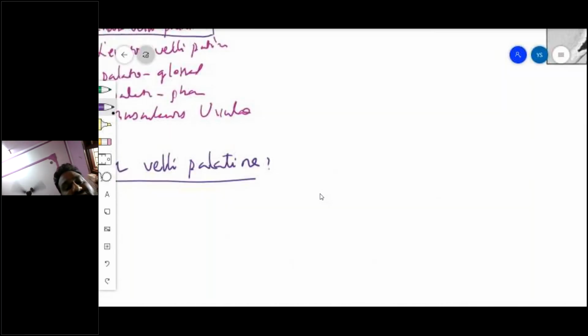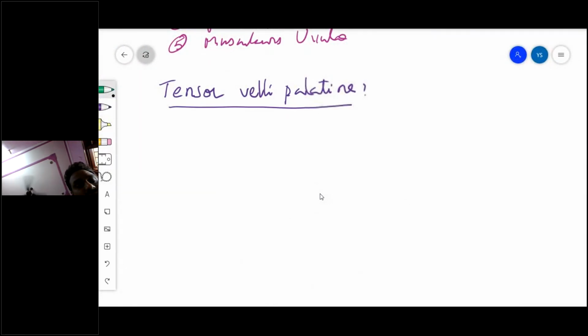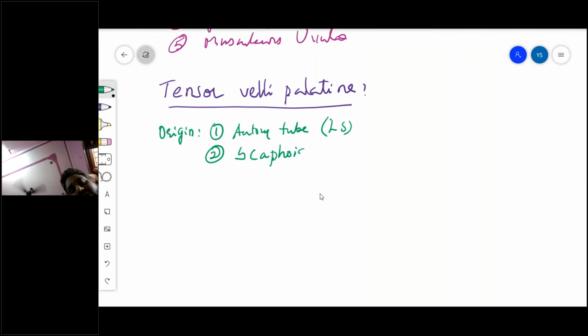So the same thing we write here. Origin: auditory tube, lateral side; principal main origin, scaphoid fossa. Then course: turns medially at the pterygoid hamulus.